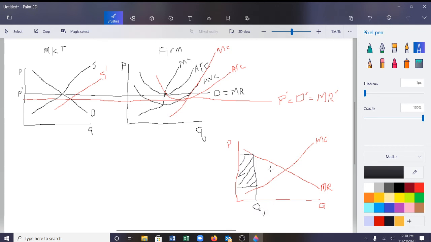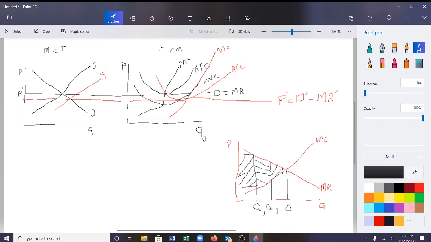If you were to produce here, your marginal cost is still beneath your marginal revenue. In other words, you're making more money selling the unit, more net revenue, that is marginal revenue minus marginal cost, by selling that unit at Q2, so you would continue to do that until you get to this point where marginal revenue is equal to marginal cost. And at that point you'd be at equilibrium. You'd have no incentive to reduce production, right?